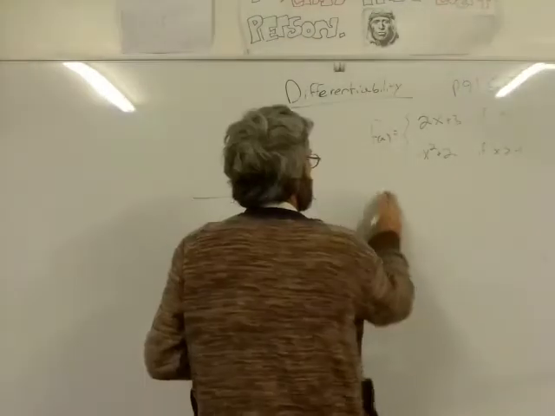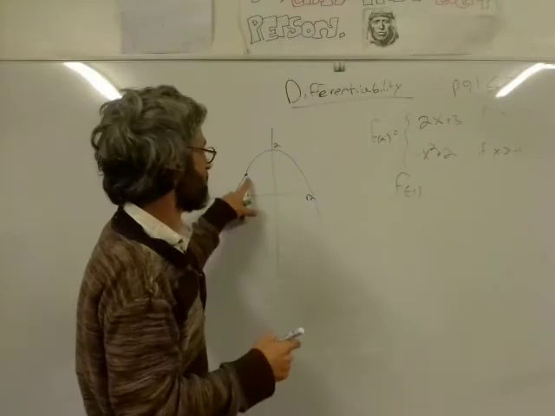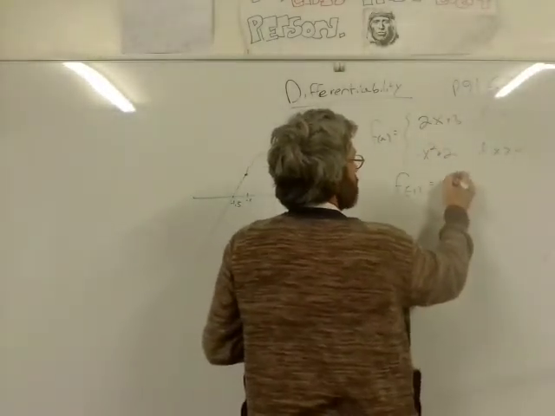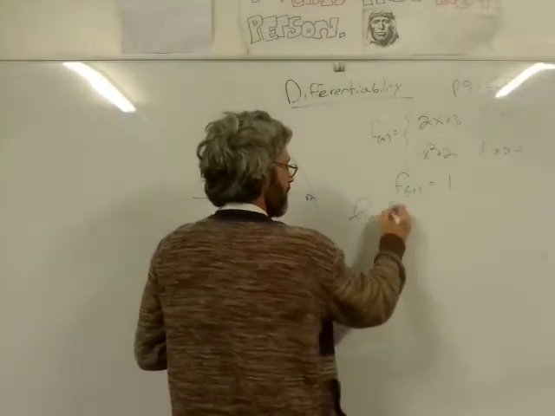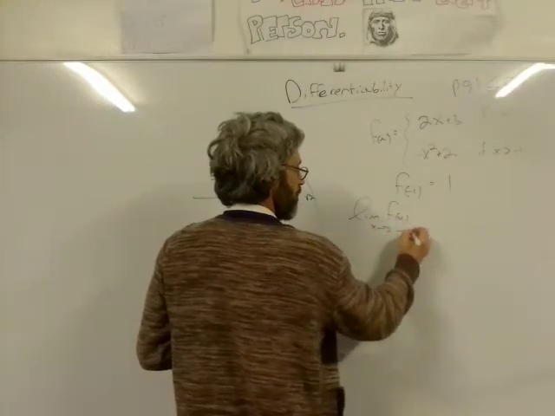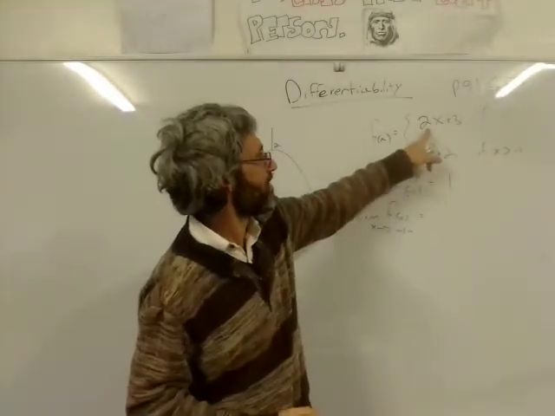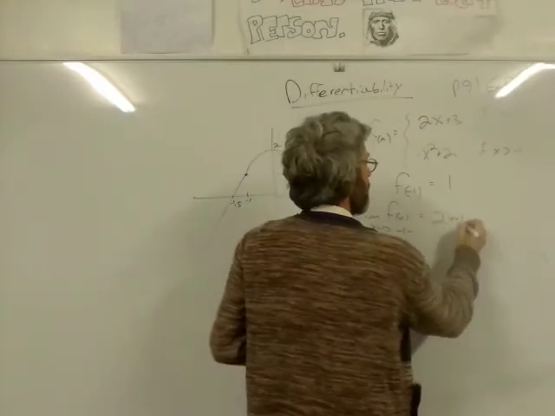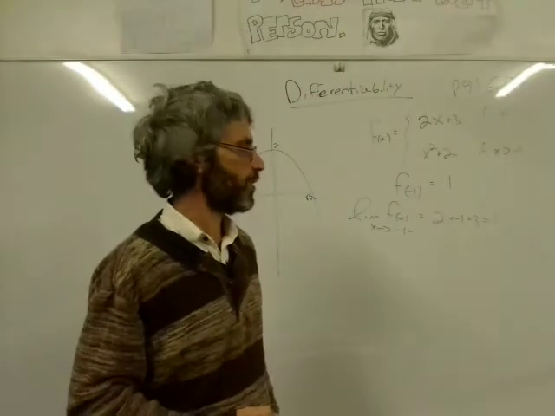So let's start by actually finding f of minus 1. We actually already did that. It is defined. We use this definition. It's equal to plus 1. Now let's look for the limits. The limit of f of x when x approaches minus 1 on the negative side. If I approach from the negative side, I have to use that function. So it's going to be 2 times minus 1 plus 3, which we already found is 1. It's basically the value of the function.